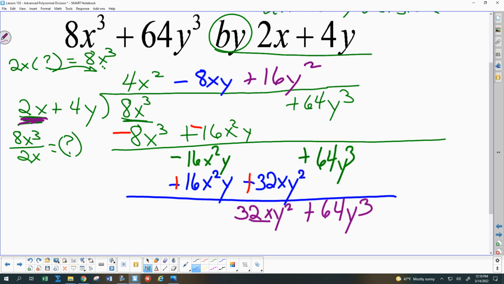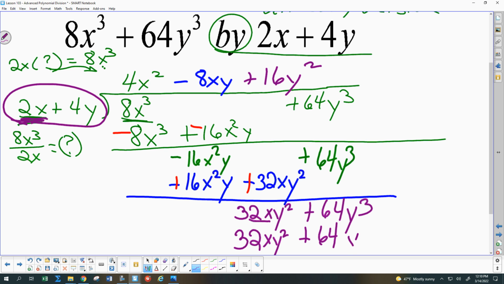Will that work? So the plus 16 times the positive 2 is a positive 32. I have x over there in the 2x times the y squared, so I do indeed get the xy squared. Don't forget, I have to multiply the 16y squared by the entire divisor. So I have a plus times a plus is a plus. 4 times 16 is 64.